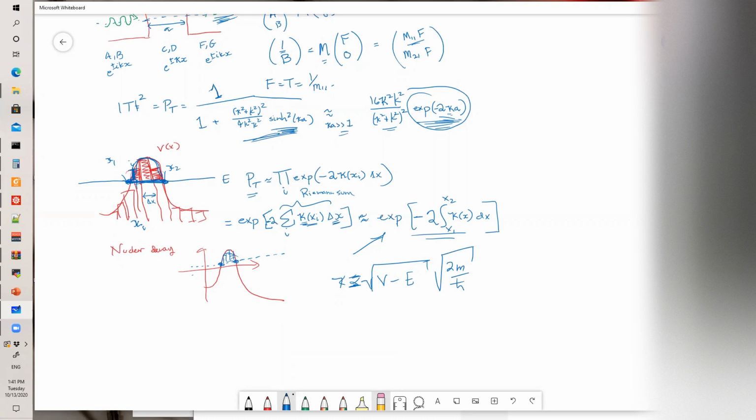That's what it is. So you can stick this kappa into here. I don't know how I did that. So it's 1 over h bar times the square root of 2m. Can put an equal sign there. Yeah, so you get a 1 over h bar in the exponent.